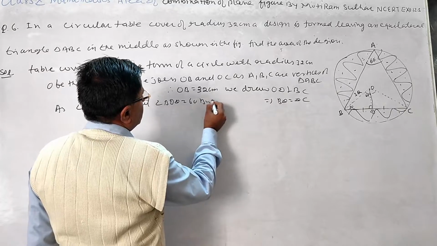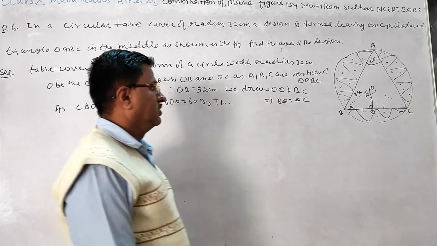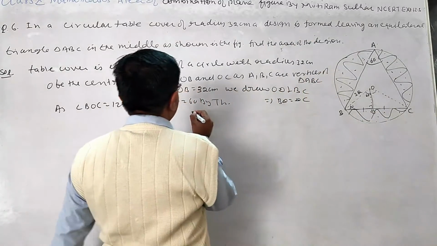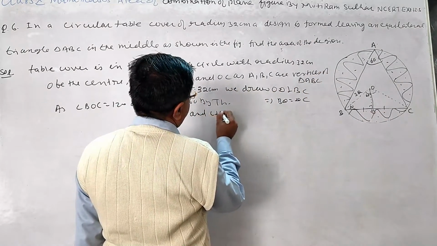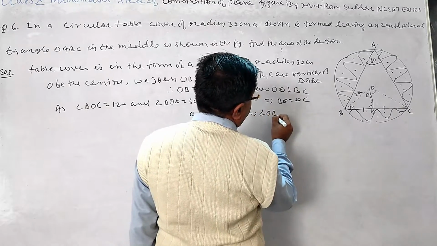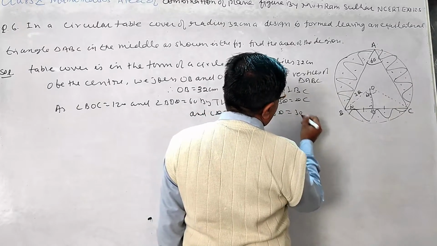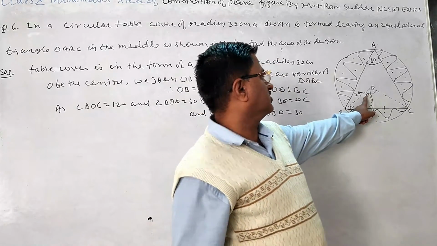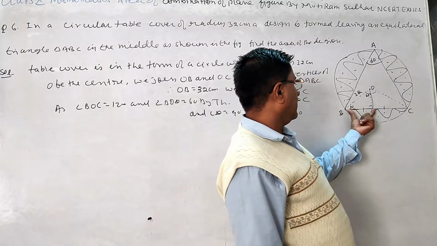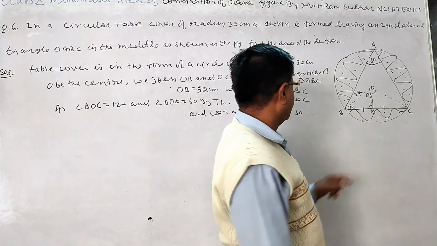This is by a theorem in 9th class you already saw. So we get this angle is 60, this is 90, therefore angle OBD equal to 30 by angle sum property. This is 60 degree, this is 90 and this is 30. Now we can use trigonometry to find BD.